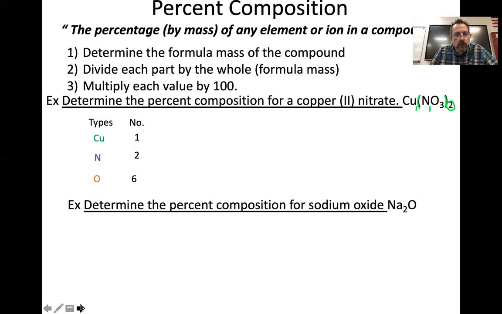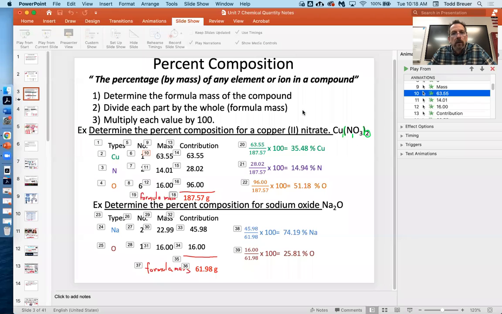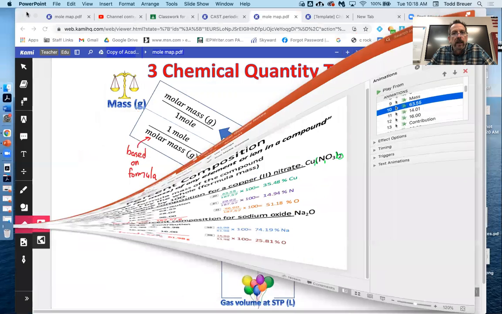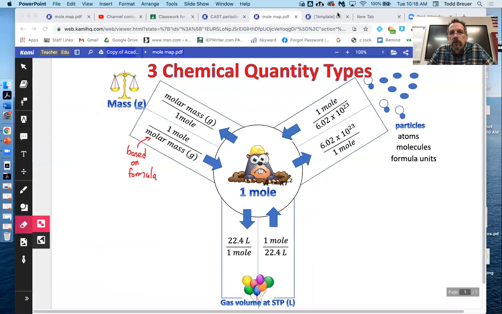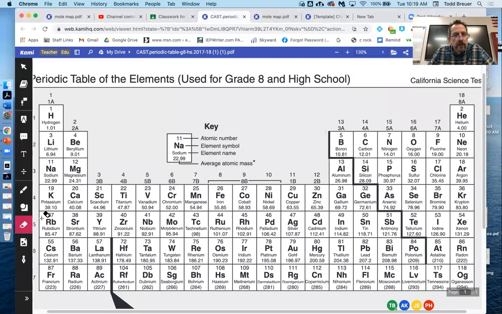Next we look at the periodic table for the mass of each element. So let's take a peek at that for just a moment. We'll go to our periodic table and take a look at the atomic mass for those elements, which is where we get the data from.